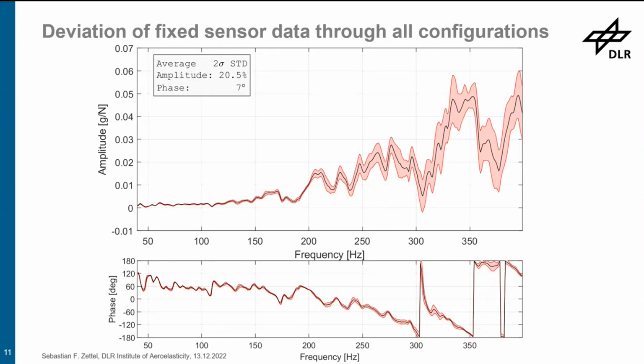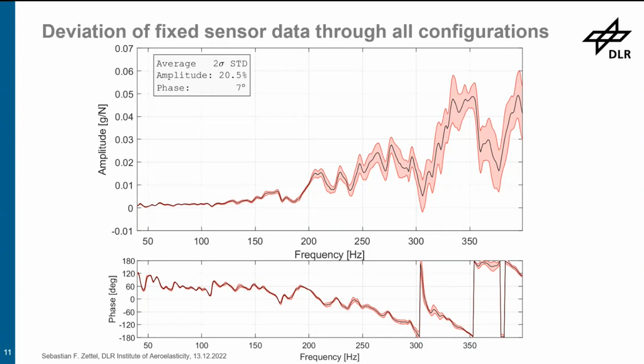Also, modal analysis is usually performed up to 100 or 150 hertz, for which the amplitudes, as you can see on the top, are still very good, because the largest deviations, especially in the amplitudes, start to increase from about 200 hertz.